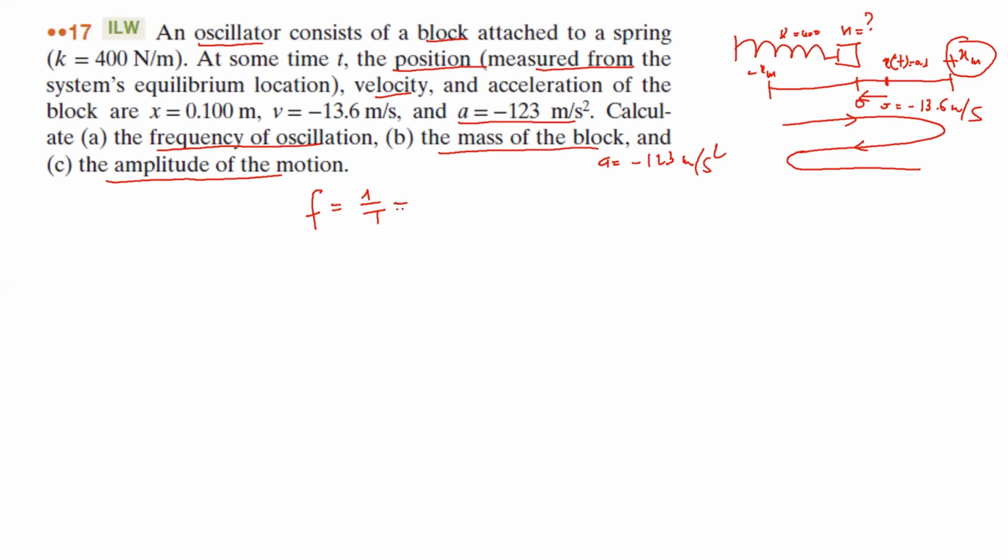So f is equal to basically omega divided by 2 pi, right? Yes. Okay. But what is omega? It will be square root of k over m. So omega is square root of k divided by m. But I know k, but what is m? That's the second question.